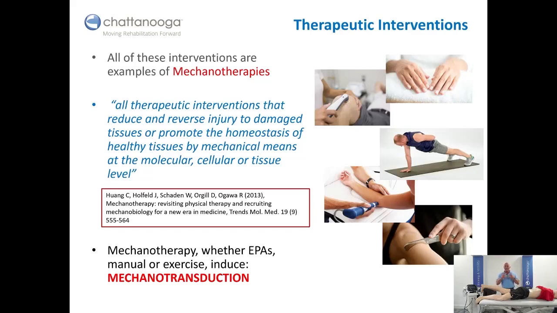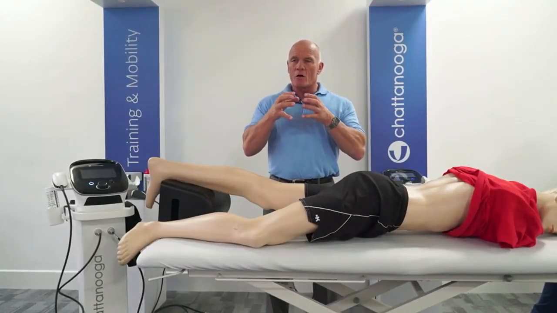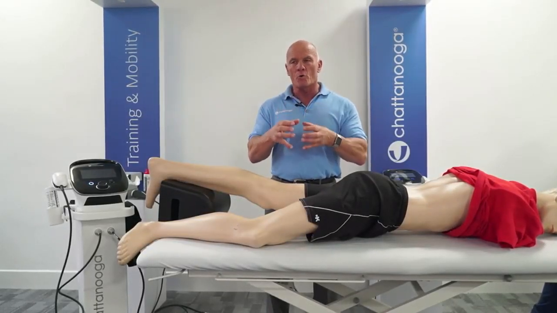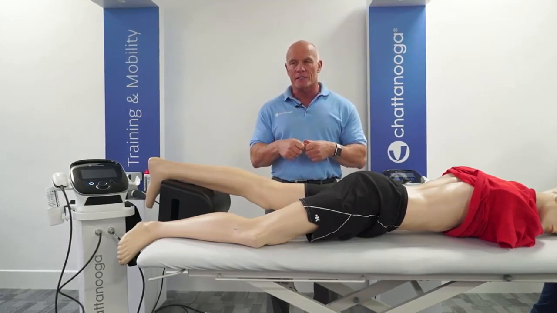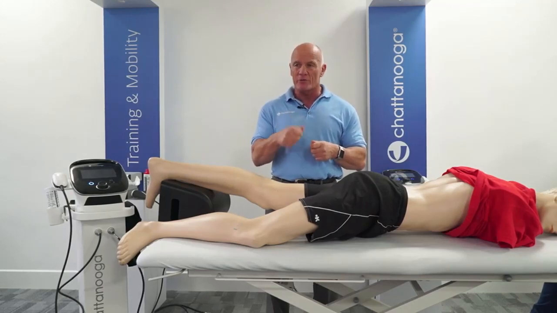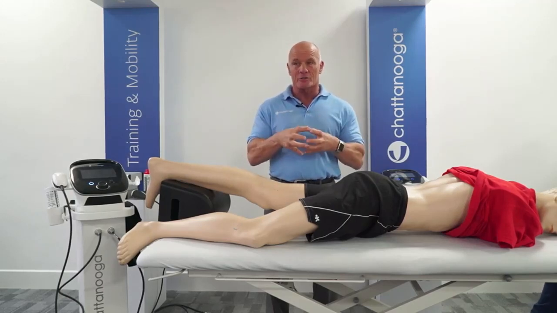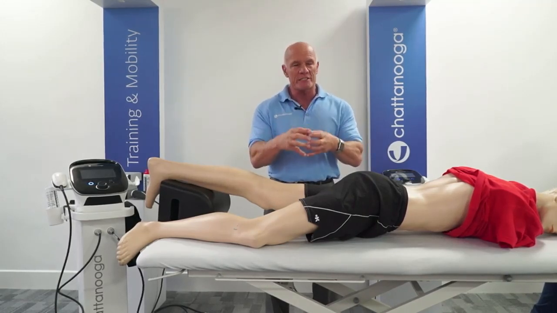Huang et al. in 2013 said that mechanotherapies are all therapeutic interventions that reduce and reverse injury to damaged tissue or promote the homeostasis of healthy tissues by mechanical means at the molecular, cellular or tissue level.